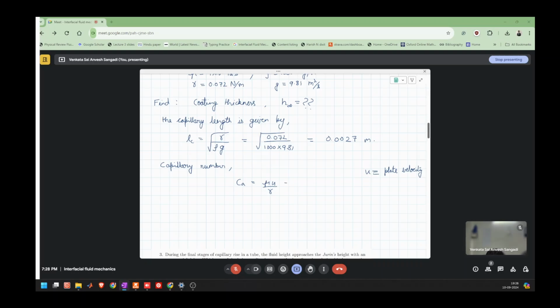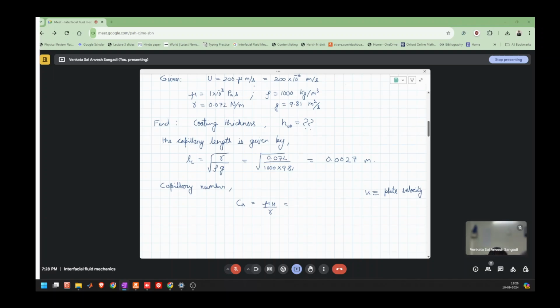So the capillary number can be written as mu, which we had as 10 power minus 3, times u, which was 200 into 10 power minus 6, divided by gamma, which was 0.072. So this comes out to be a capillary number of 2.85 into 10 power minus 6.